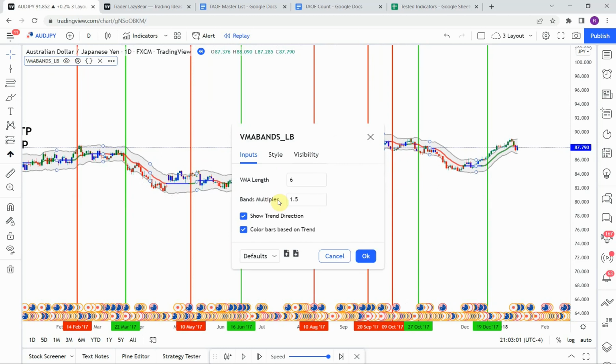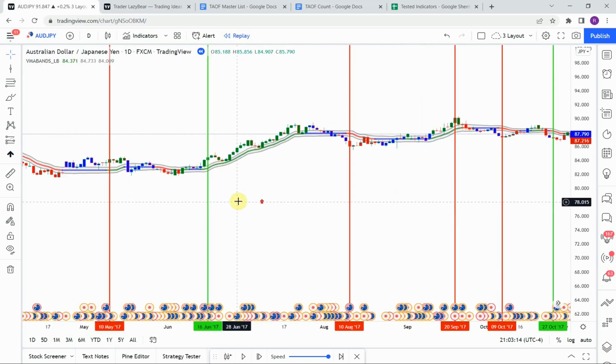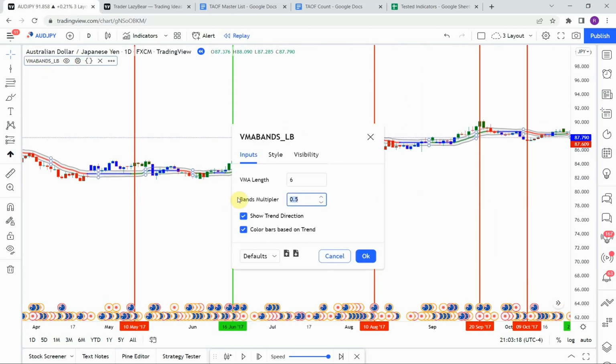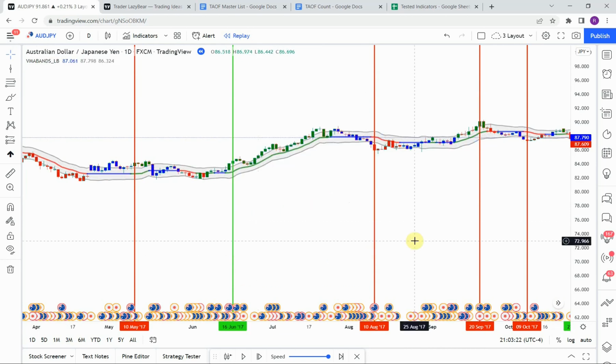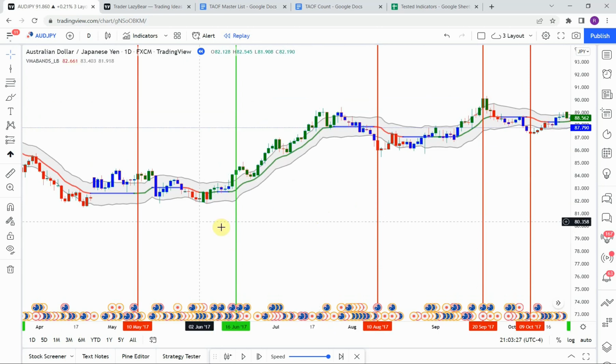Now, of course, you can go in and change the multiplier on the bands to make them a little bit narrower, and stuff like that. Play around with them. And so again, this is why I say, just because it is going on the no list does not mean that it is technically a useless indicator.